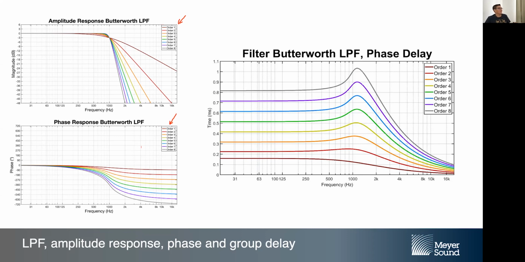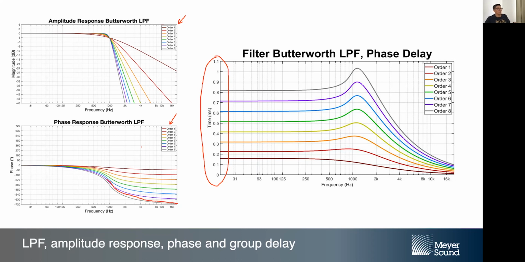In this case, we are not showing degrees on the vertical axis, but we're showing time in milliseconds. And what we are seeing is the time for every single frequency if we consider that we're delaying all of these frequencies because of the phase shift. If we do the math, we're going to see this kind of traces.